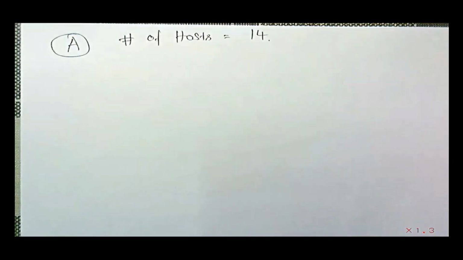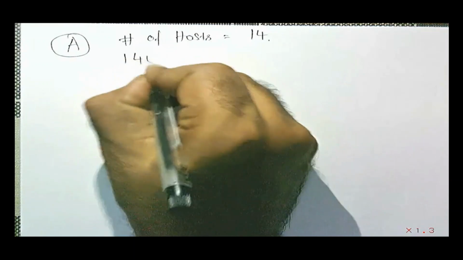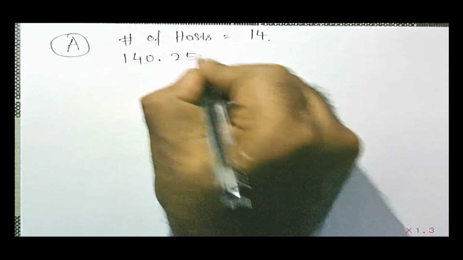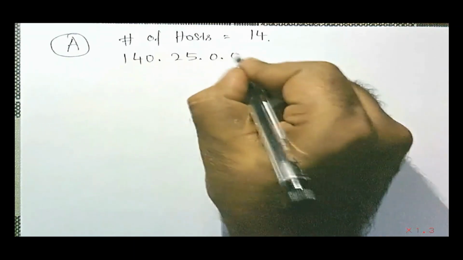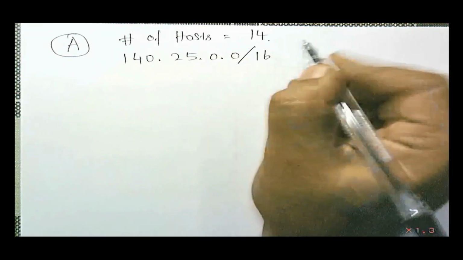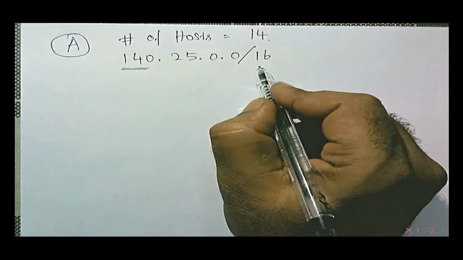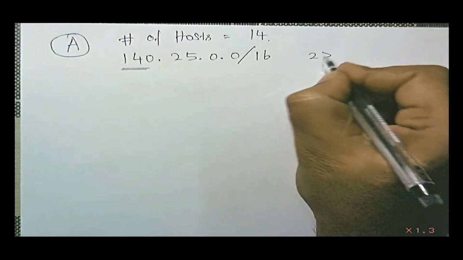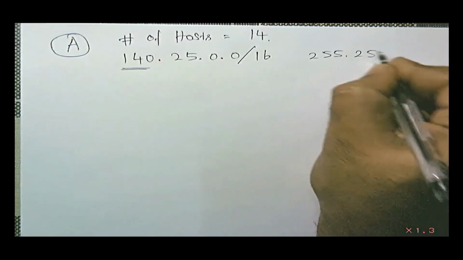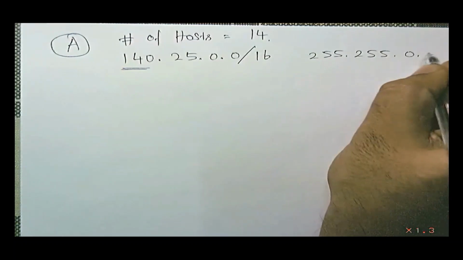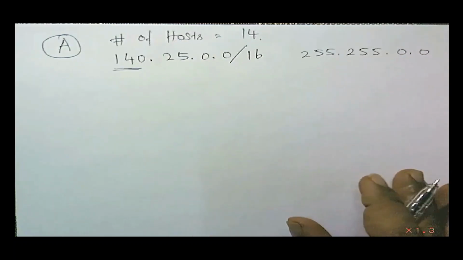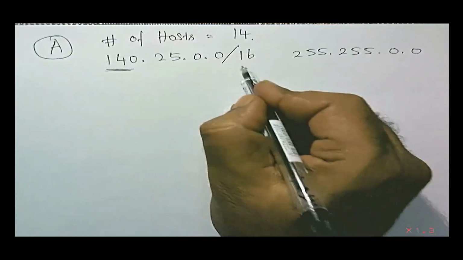The IP address given here, that means the major network given here, is 140.25.0.0/16. So this is a class B IP address. The default subnet mask is 255.255.0.0. So this is the default subnet mask, and the default CIDR value is 16.